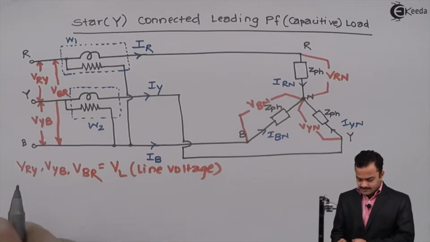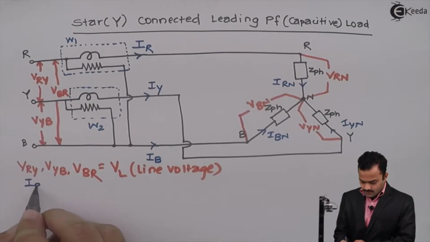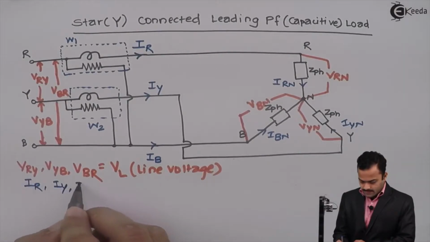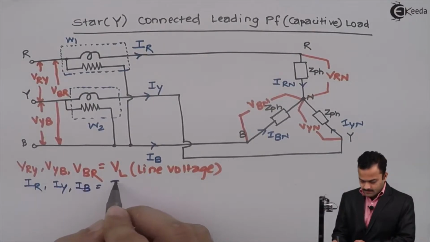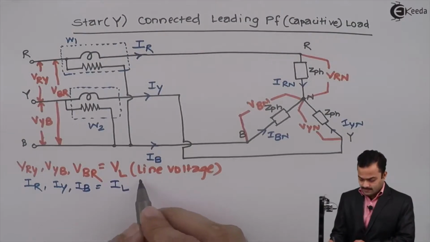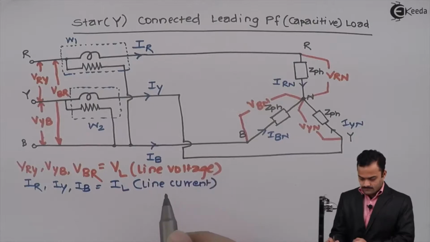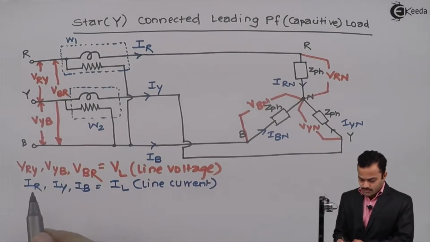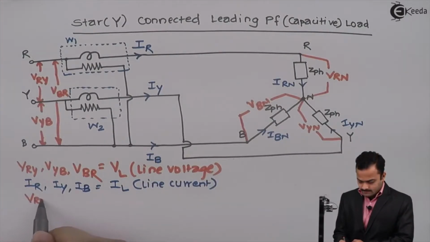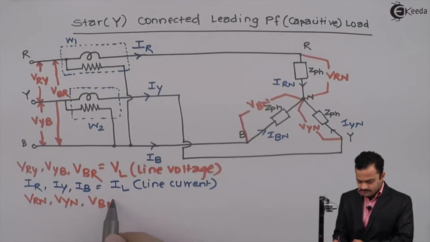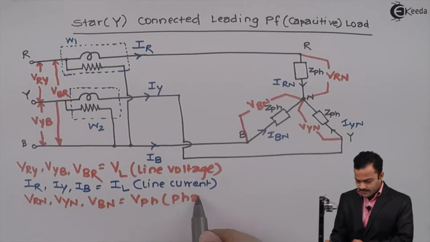Then we represented IR, IY, IB, nothing but IL, line current. Then we have shown VRN, VYN, VBN, nothing but VPH, phase voltage.